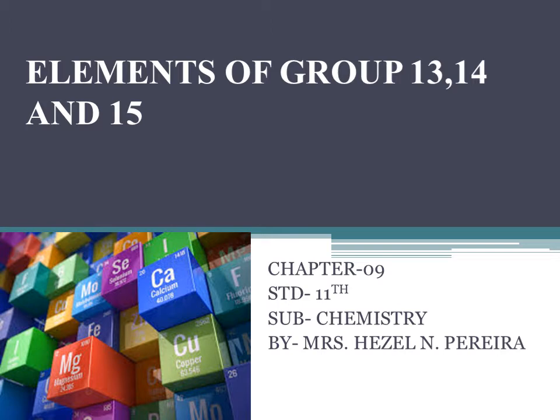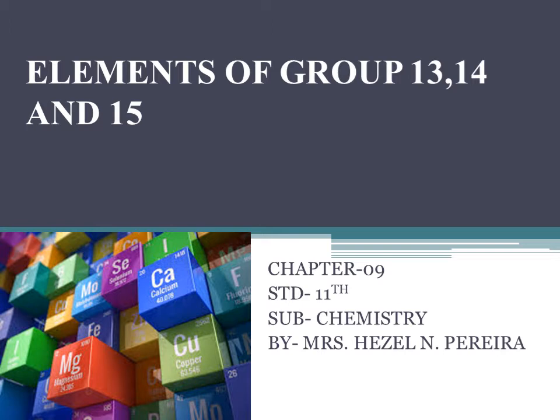So, revising about the oxidation state, we came to know that the highest oxidation state exhibited by the p block element is equal to the total number of valence electrons. That is, whatever number of electrons are present in its valence shell contributes to its oxidation state.